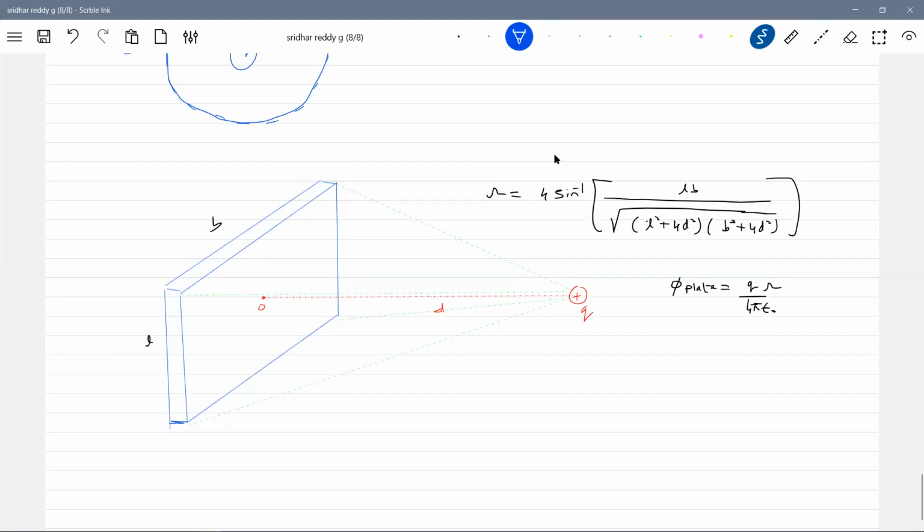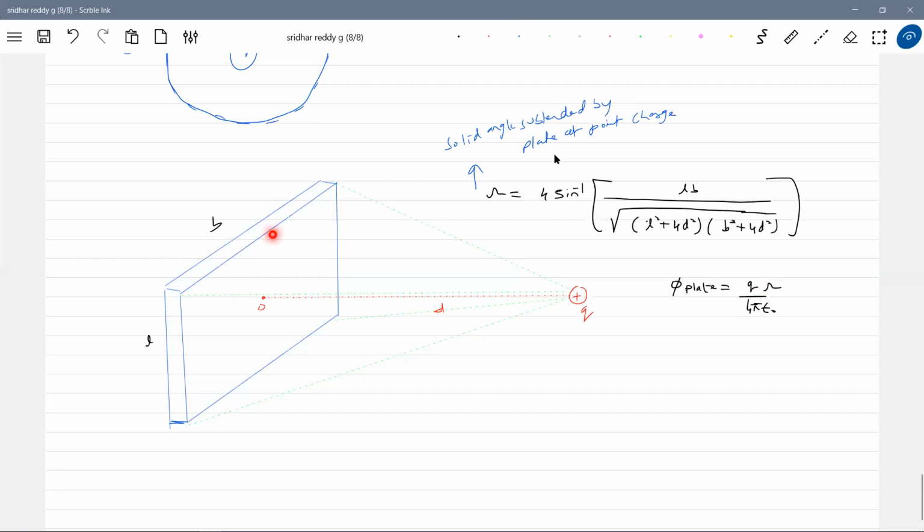So how should we interpret solid angle? From Gauss law, if you know the solid angle, you know the point charge you kept, so substitute that value of solid angle and you'll get the flux.